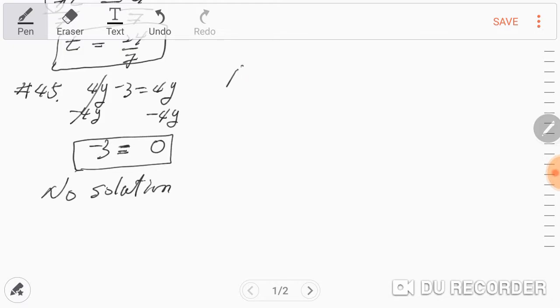Number 46. The equation is 24 minus 2x equals negative 2x. So there are two terms, one variable term on each side. So in this case, let's move this negative 2x from the left side to the right.